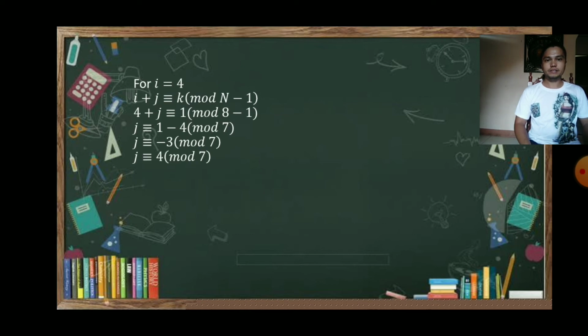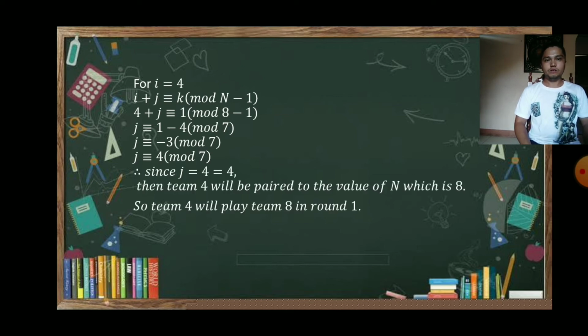And then we get j is congruent to 4 mod 7. So therefore, since j equals 4 is also equal to i, which is 4, team 4 will be paired with the value of n, which is 8. So team 4 will play team 8 in round 1.